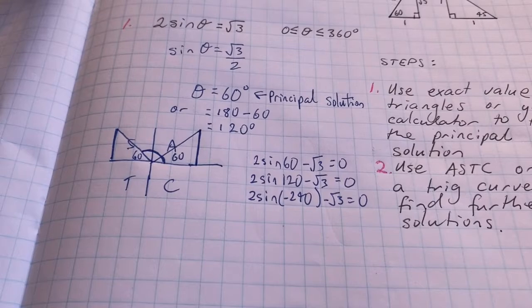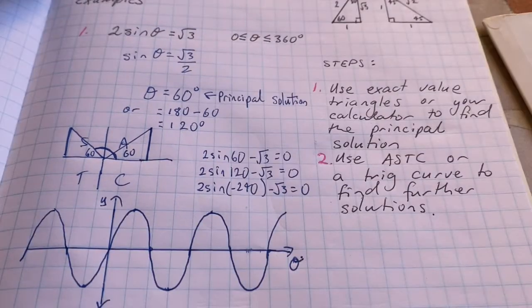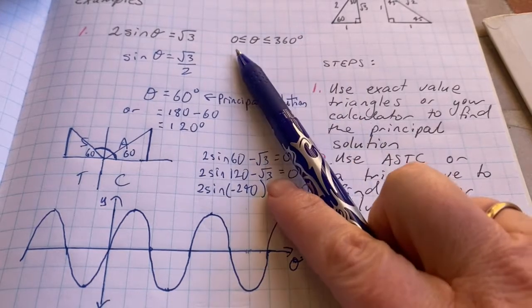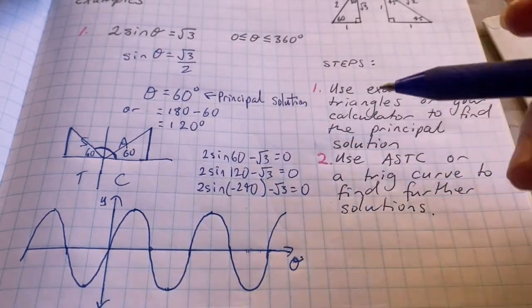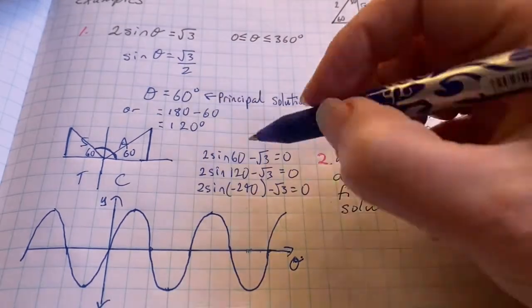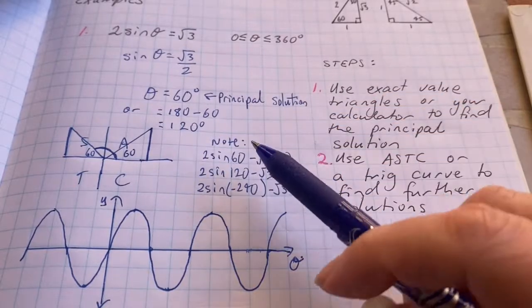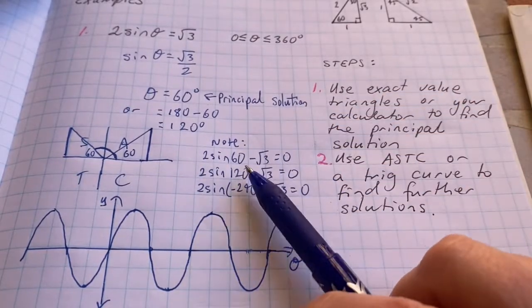And there are infinitely many numbers that you can put in there for theta. We were asked to find the solutions between 0 and 360. So our solutions are just this 60 and this 120. So this is just a side note. This is not part of my solution, but you can use this to check your solution.